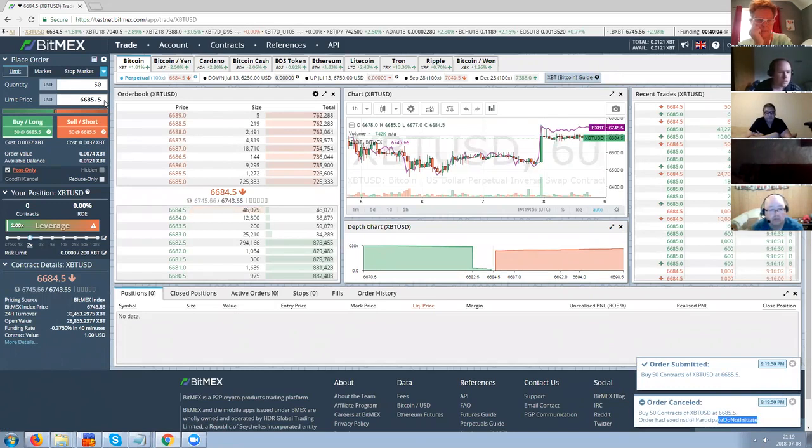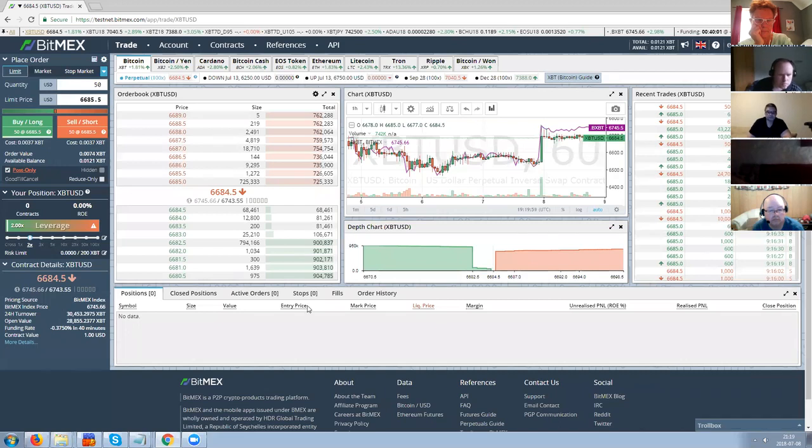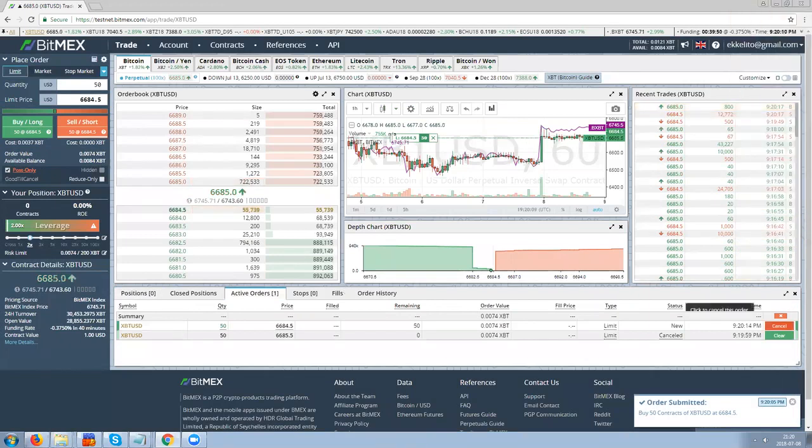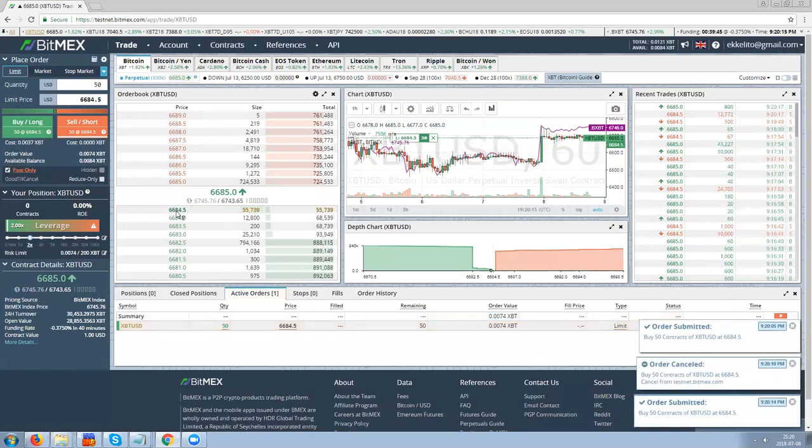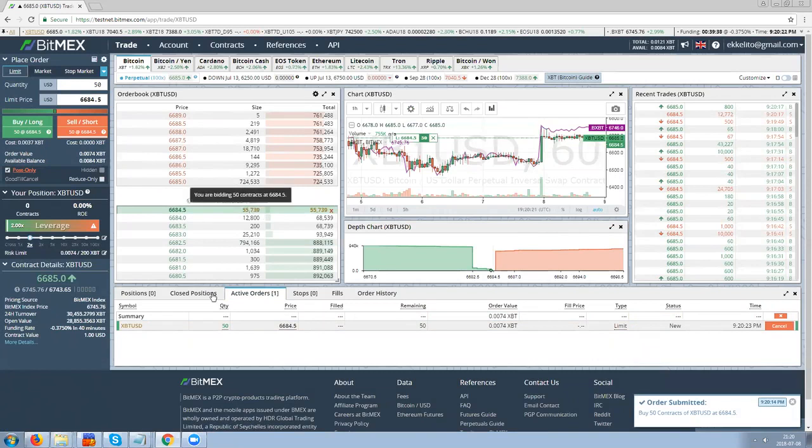I'll just reset everything. There, now I have 50 contracts here at 6684.5. So when someone sells at 6684.5, I will then get the position over here.